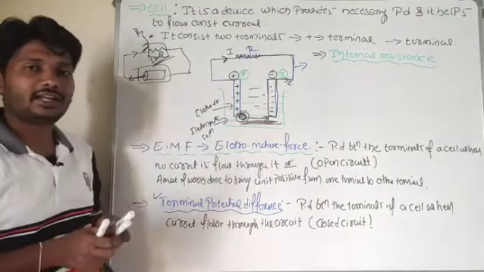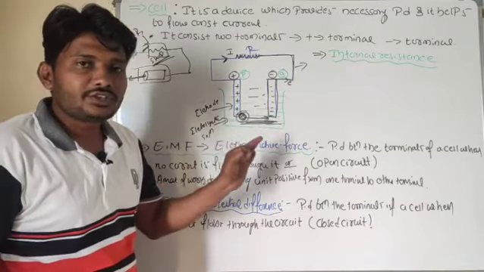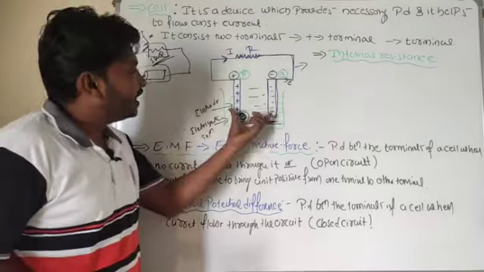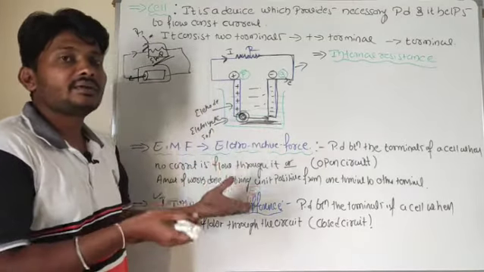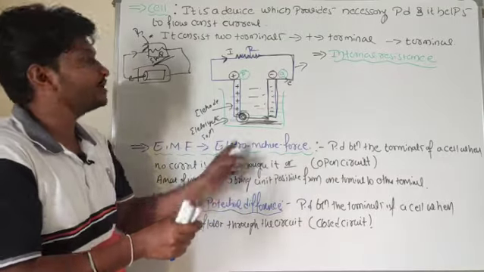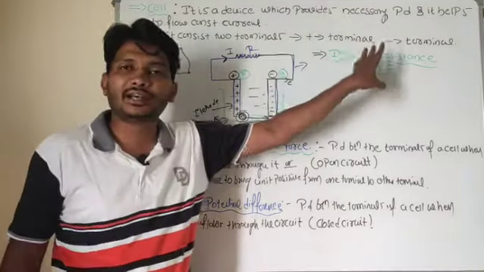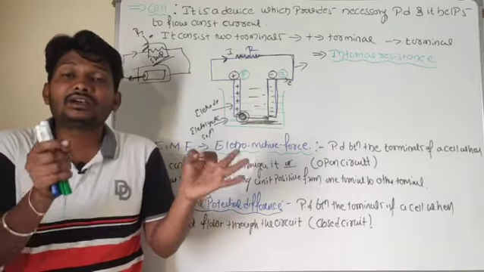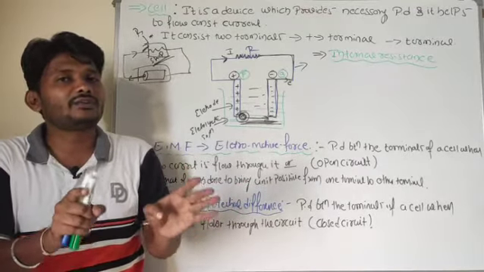So how will you define internal resistance here? Opposition offered by the electrolyte of a cell. Whatever electrolytic solution you consider, that solution will make a certain kind of opposition, and I will name it internal resistance. In another way, the cell itself makes a certain kind of opposition for the flow of current.